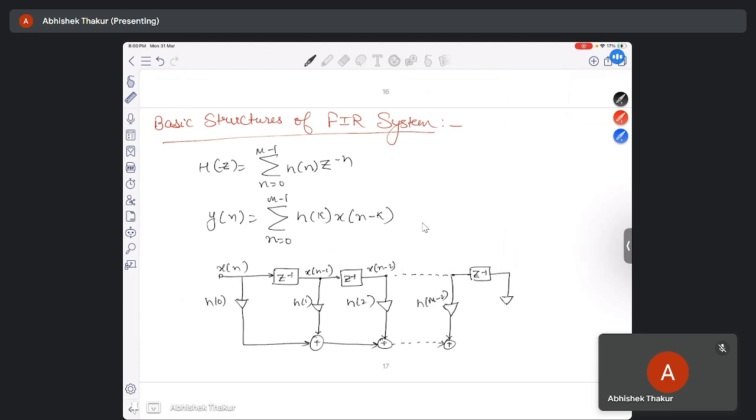So lots of storage elements in between up to M minus 1. And this will be h of M minus 1. So this is a direct form realization of FIR system.